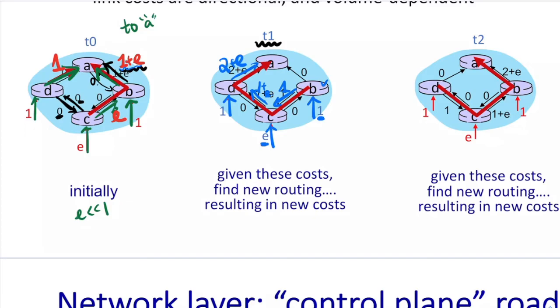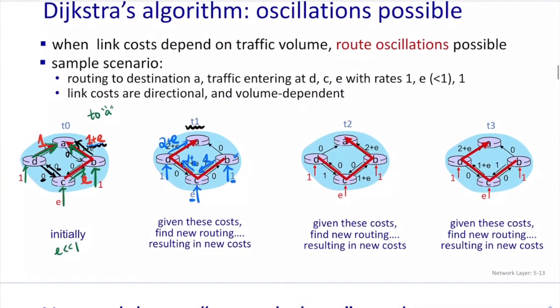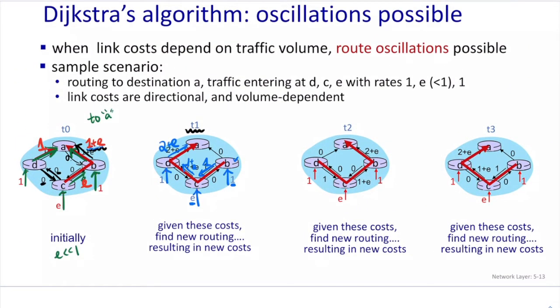So it causes a problem: if your link cost depends on traffic volume, sometimes the decision changes just because you have an epsilon in your network. This epsilon changes the total cost, right? So sometimes you think traffic should go to the left-hand side, and sometimes to the right-hand side.